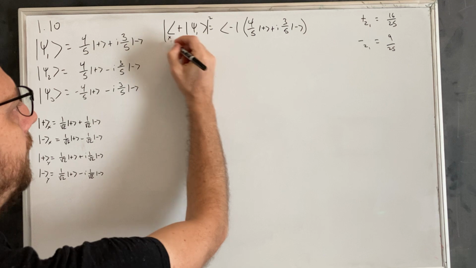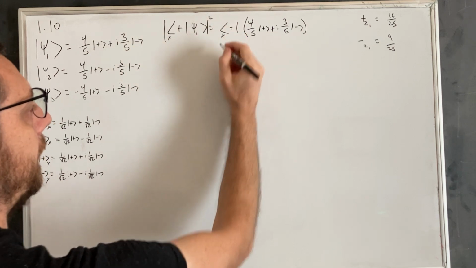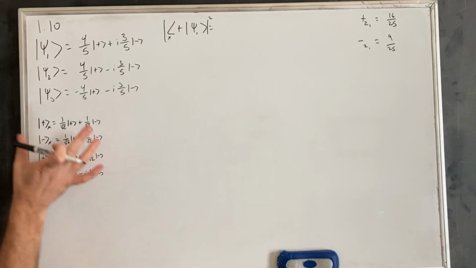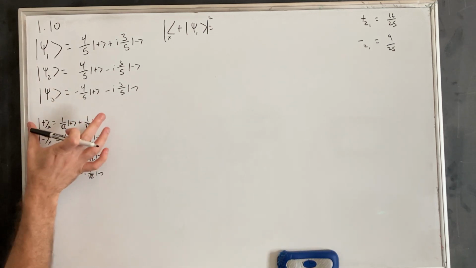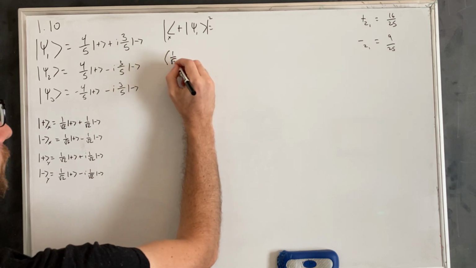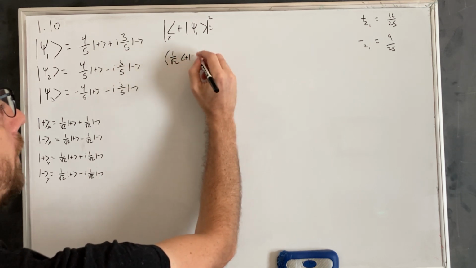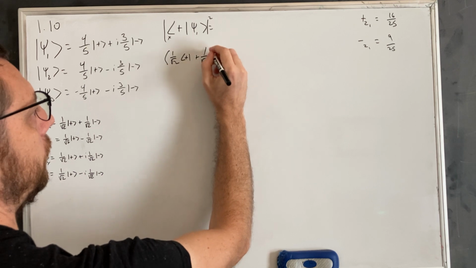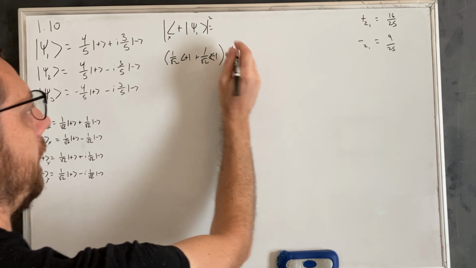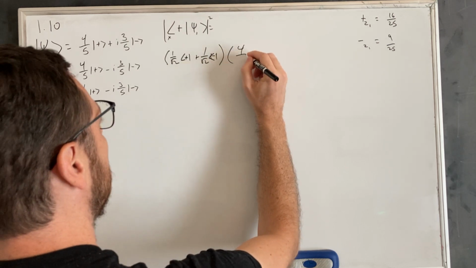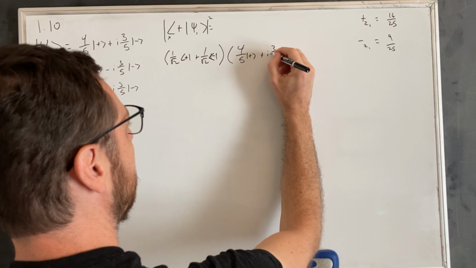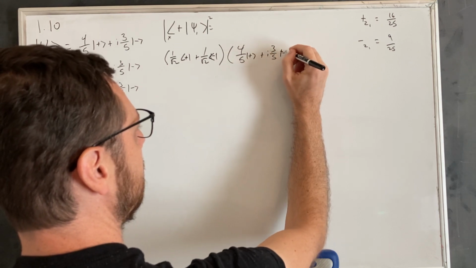So we'll do up in the x. Up in the x is going to be this state right here, so we'll do the bra for this. That's going to be 1 over root 2 up plus 1 over root 2 down, bra. And then our first state again, 4 over 5 up plus i 3 over 5 down.